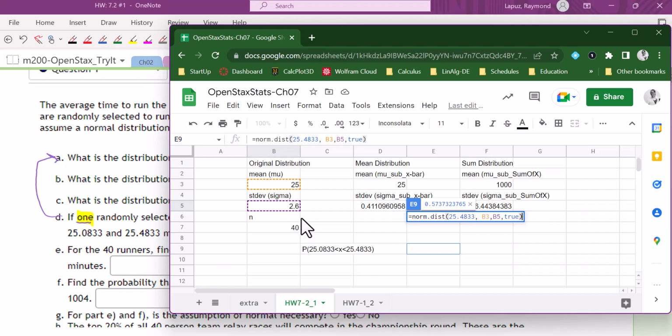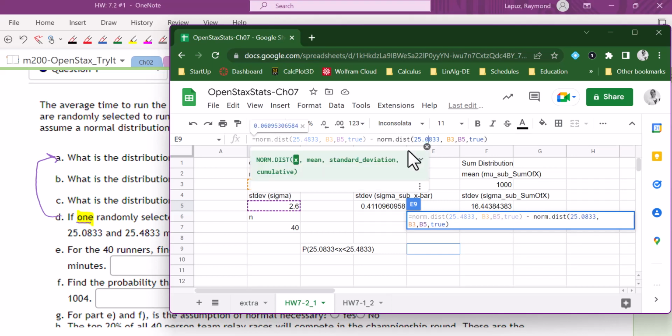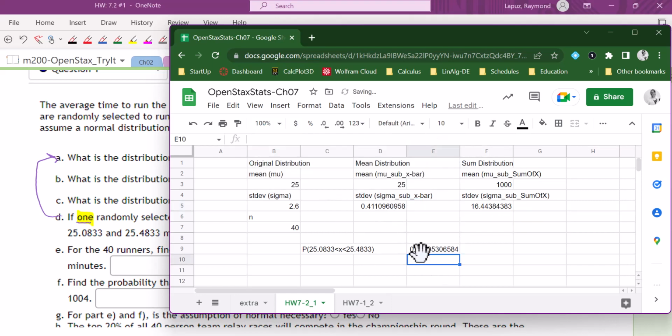Oh, sorry, this is only part of it. So I'm going to go ahead and copy this, or you can retype everything over again, but I'll copy that and I'll change this one number here. So this is 25.0833, and then the mean, and then the standard deviation. So now the value that we get is 0.0695.